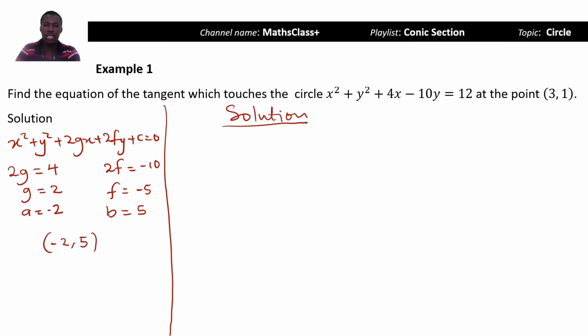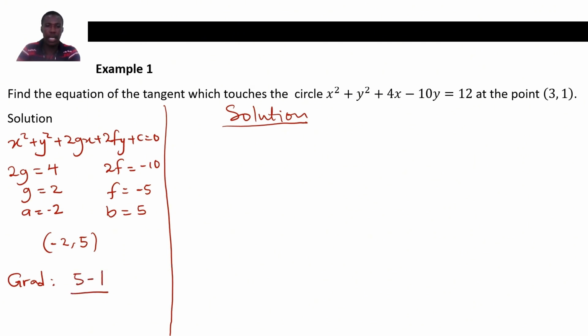Now, from the center to the point of contact, that is the radius. So let's find the gradient of the radius. Gradient of radius will be 5 minus 1 divided by negative 2 minus 3.